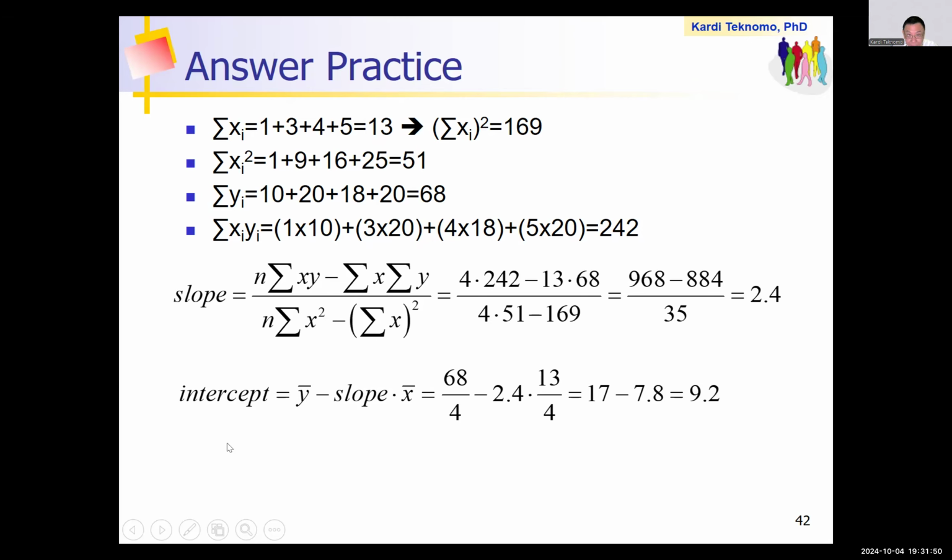Then you can get this slope and intercept. Or you can use the Excel function, trend line, or data analysis. Do you want to practice or complete it? Okay, you practice first.